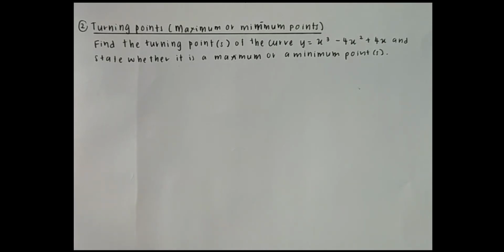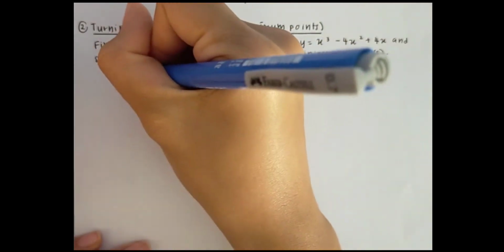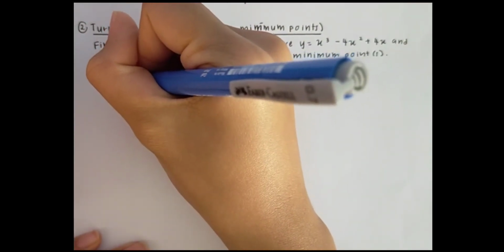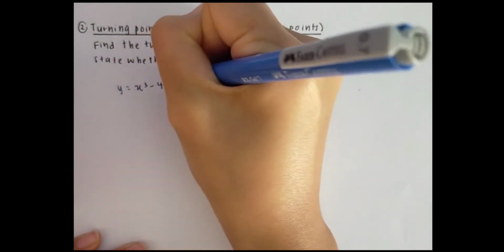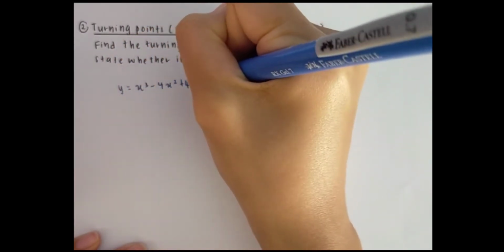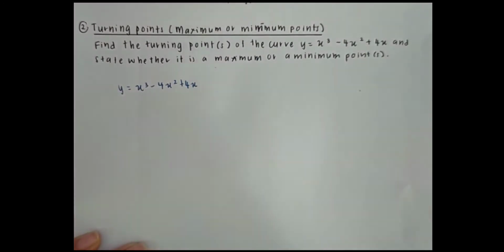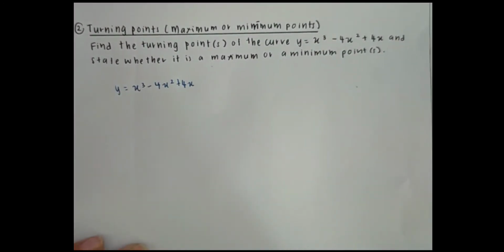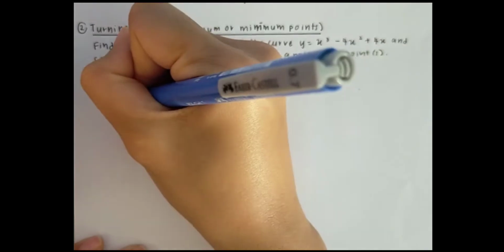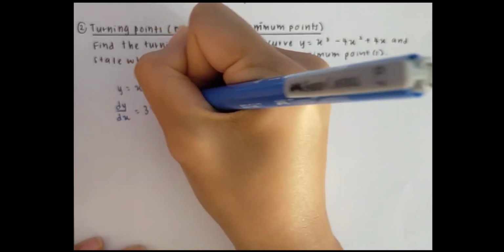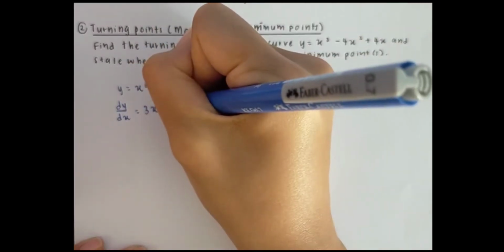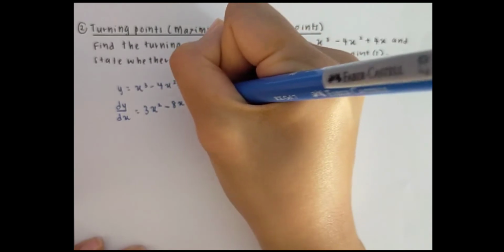First, we write the equation of the curve, y equals x cubed minus 4x squared plus 4x, and we must find the first derivative and the second derivative of the curve. The first derivative is dy/dx equals 3x squared minus 8x plus 4.